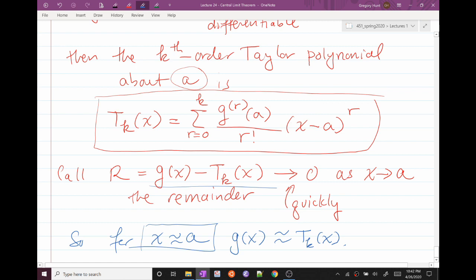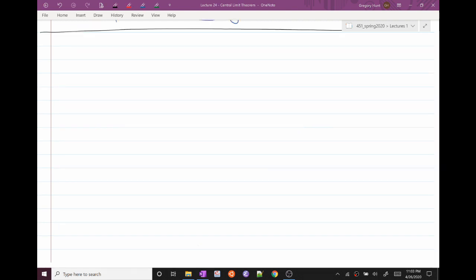And the higher my value of k is, the better the approximation. Okay. So that's just to recall that fact from Calc 2. Now let's look at how this Taylor series can be used to prove the central limit theorem.